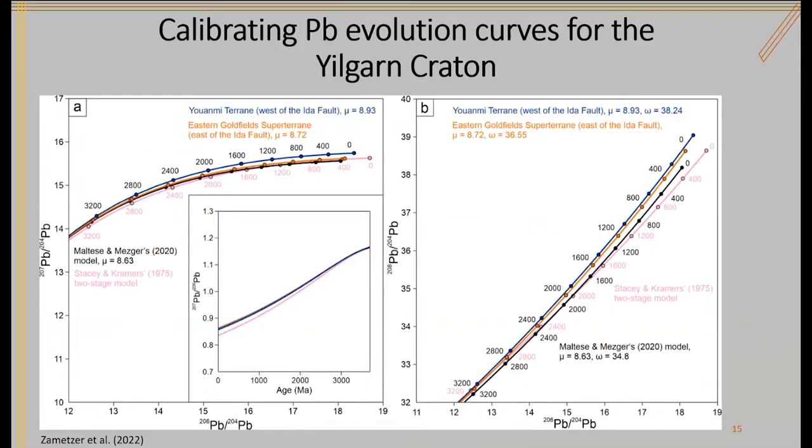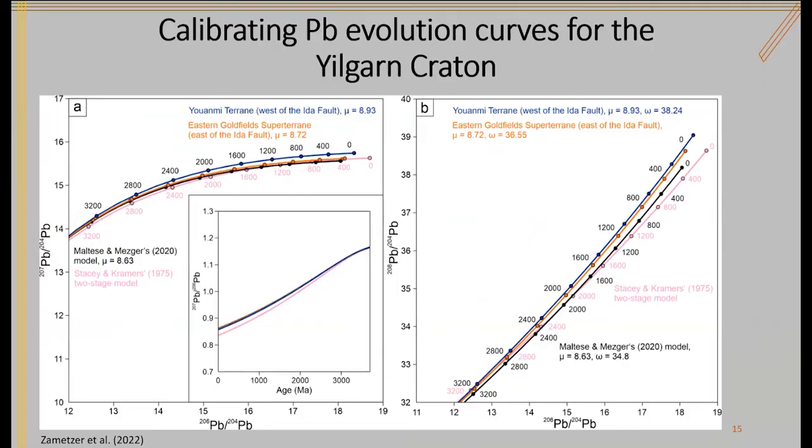So we defined new lead evolution curves for the UNV terrain and for the Eastern Goldfield superterrain. The UNV curve is blue, the Eastern Goldfield superterrain curve is orange. And I'm showing this for uranogenic lead space, 7/4 versus 6/4 to the left, and thorogenic lead space, 8/4 versus 6/4 to the right. So we plotted these lead evolution curves by using the Maltese and Metzger framework, which is the start date of the model and the initial lead isotope compositions.